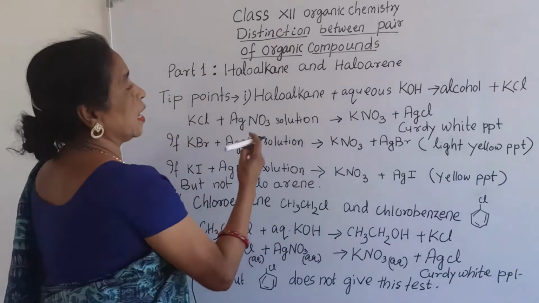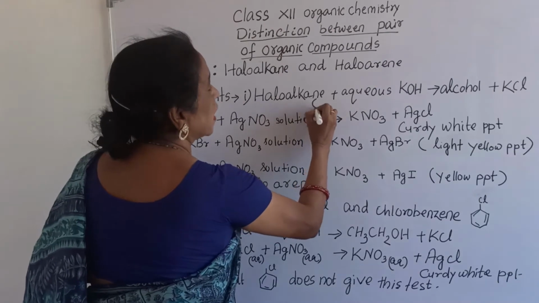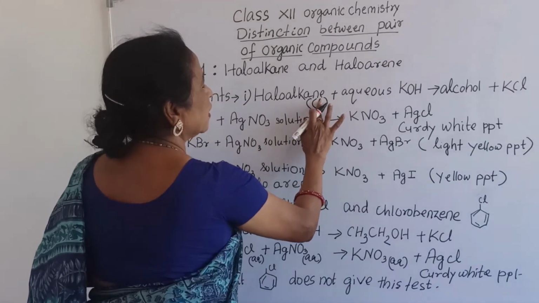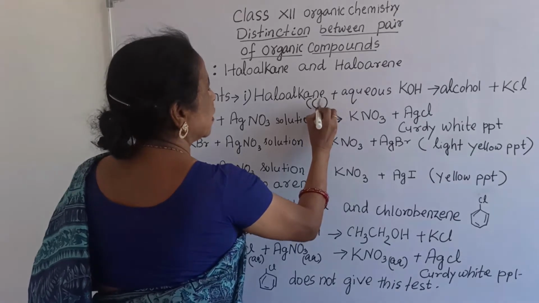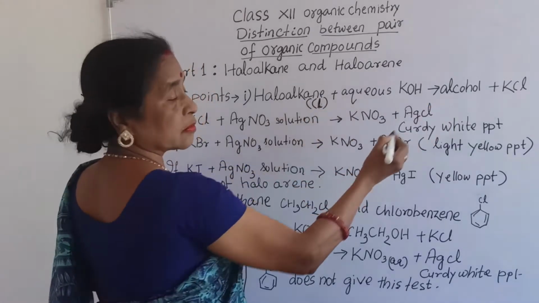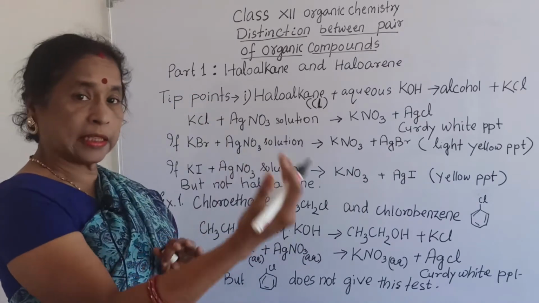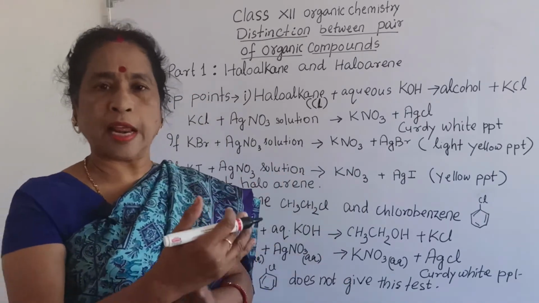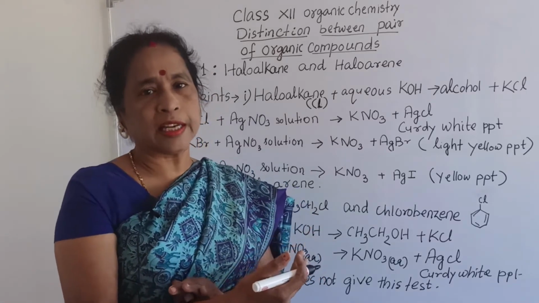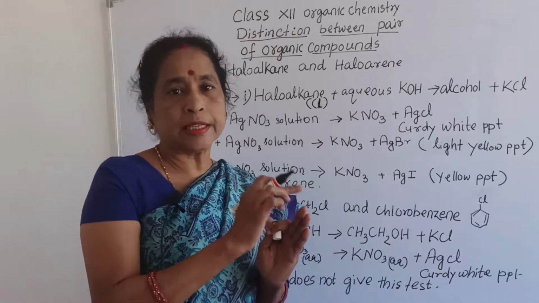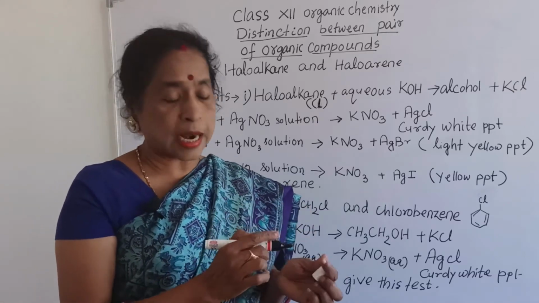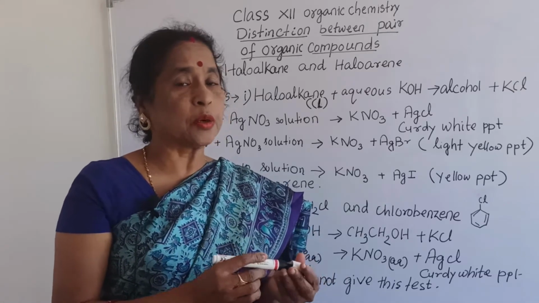If the halogen is chlorine, the byproduct is KCl. You know in qualitative analysis in inorganic chemistry, the chloride test. How can we do the chloride test?